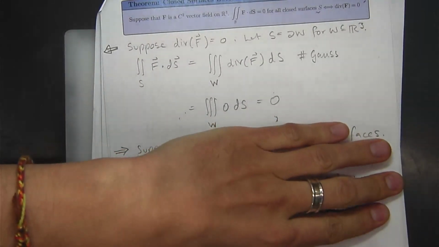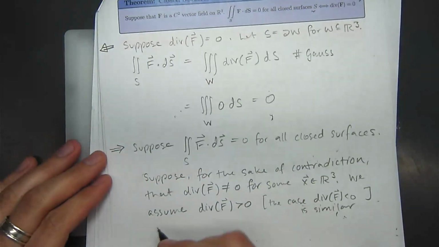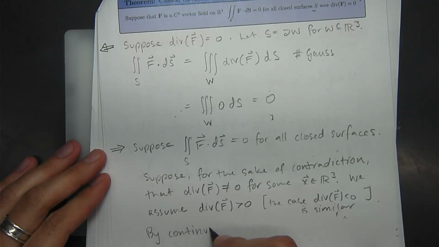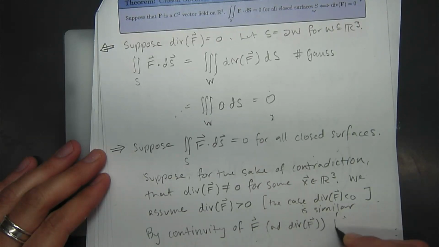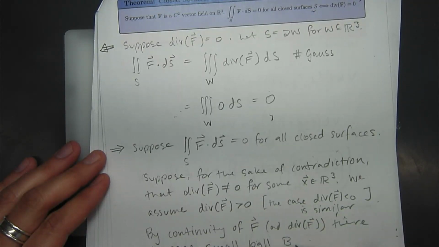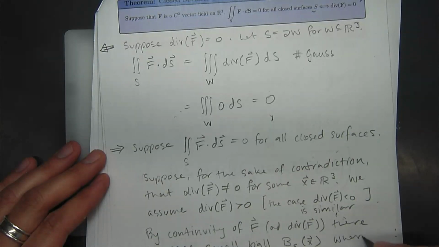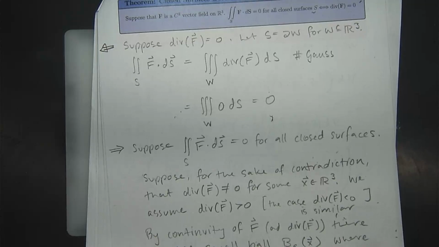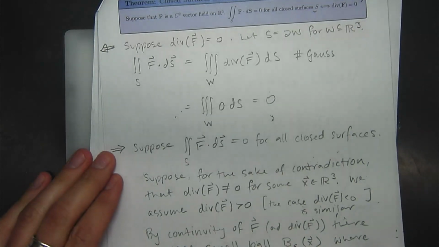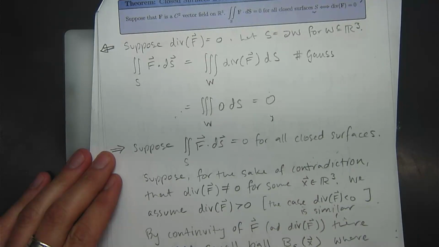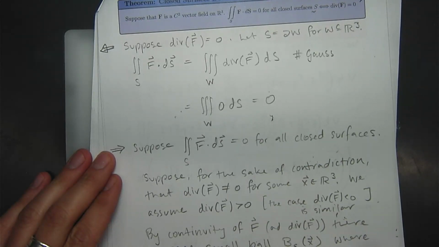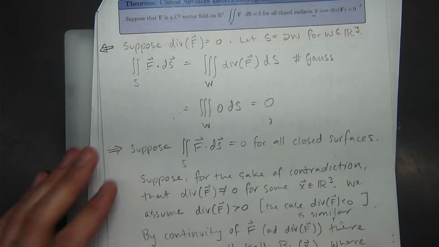So by continuity, there's going to be some small ball where the divergence is bigger than 0 on that whole ball.